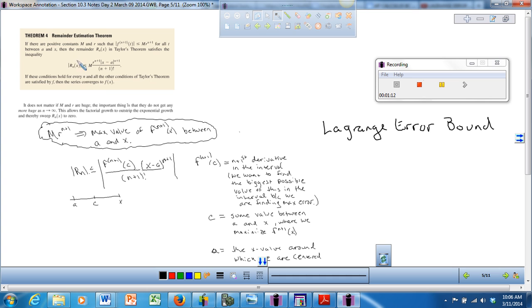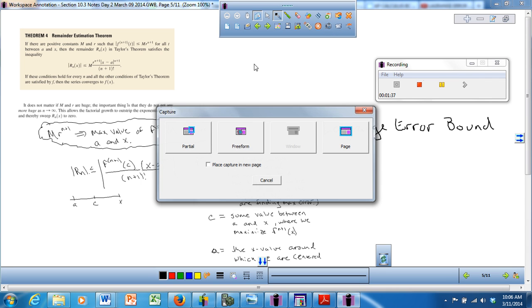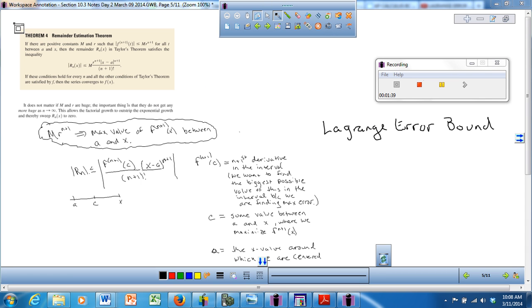Now in your book, it gives the Lagrange error bound. I don't know why this came out so small, but I can do something about that.